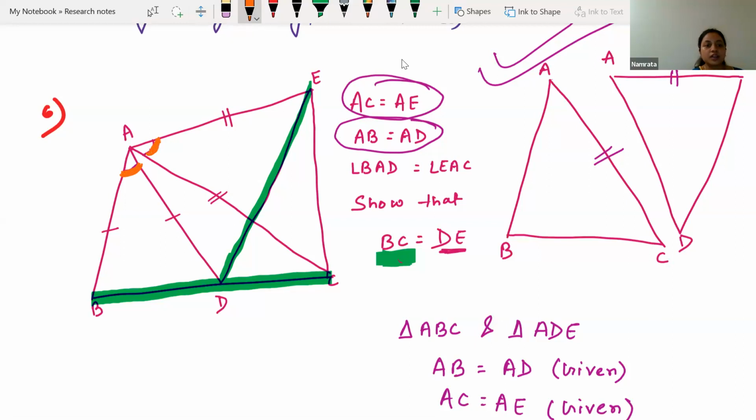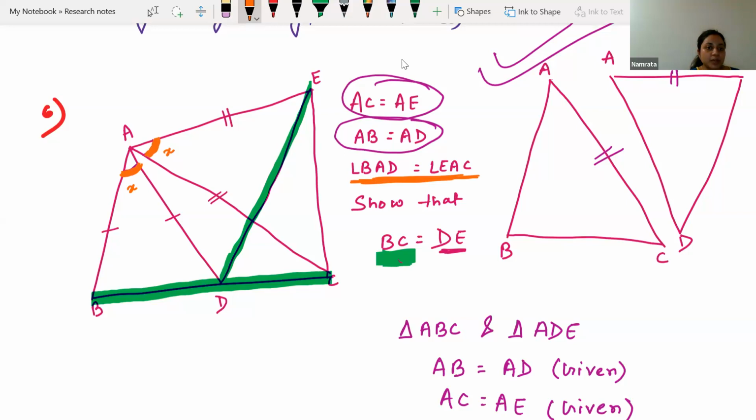Both the orange angles, can you see? Yes, ma'am. So if this is X, that is X, because it's given. BAD is equal to EAC. If this is X, that is X.